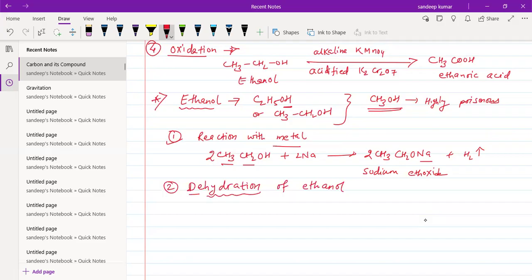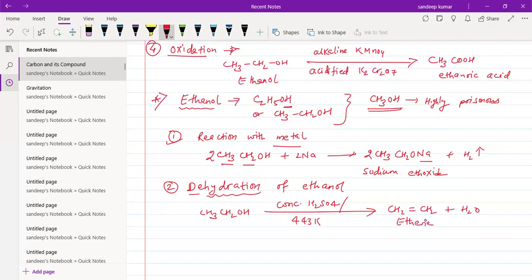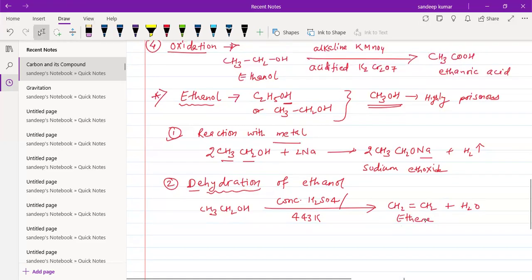CH3CH2OH, with concentrated H2SO4 at 443 Kelvin, will lose a molecule of water. So H from here and OH from here are lost. It forms CH2=CH2 plus H2O. So ethanol changes into ethene. This reaction is very, very important. Dehydration of ethanol. Is it clear?